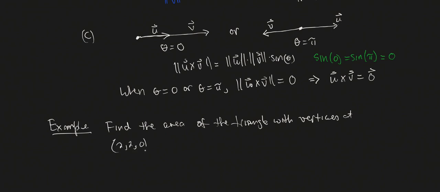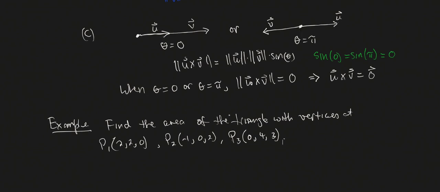This is a problem in R3. There is P1, here is P2, it is -1, 0, 2, and here is P3, it is 0, 4, 3. So we want to find the area of the triangle with these vertices.